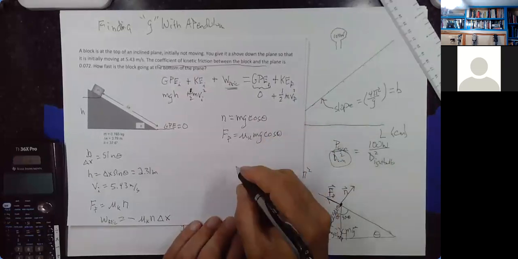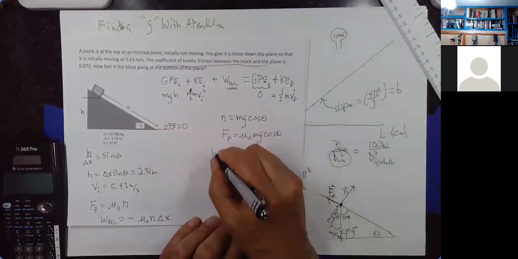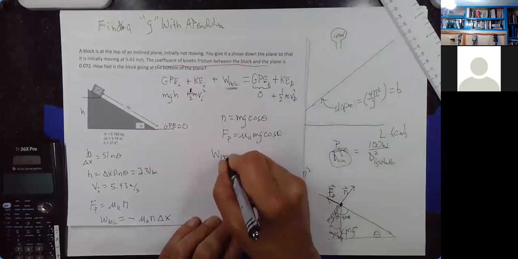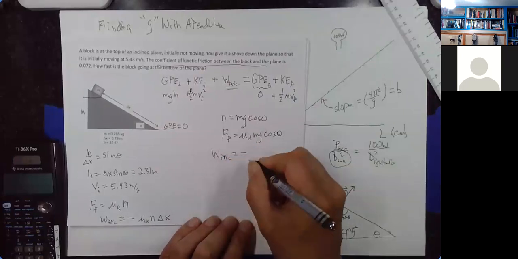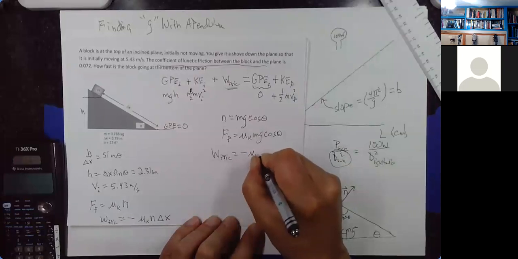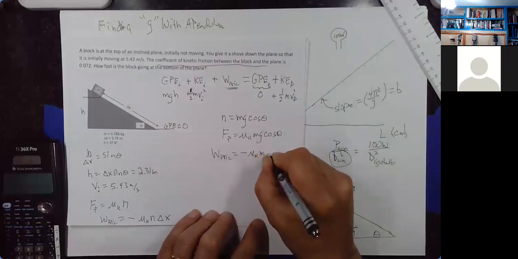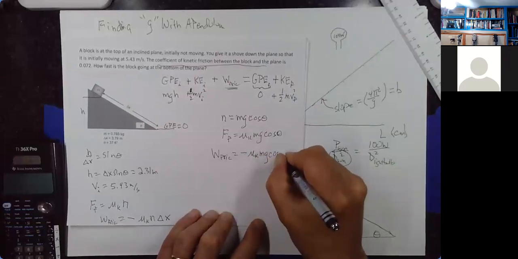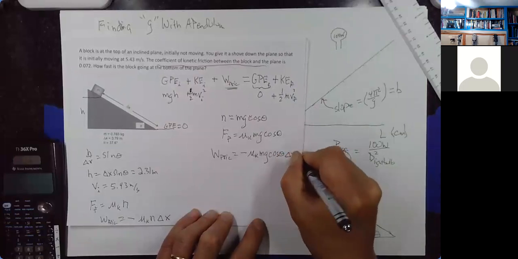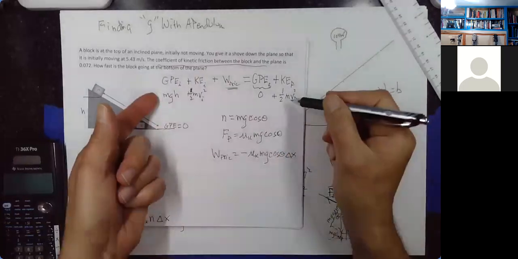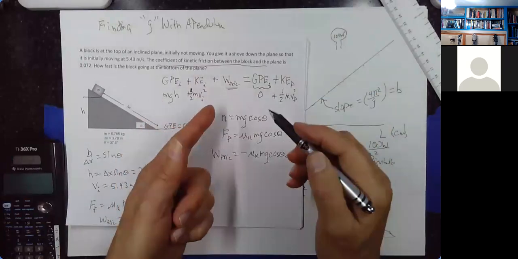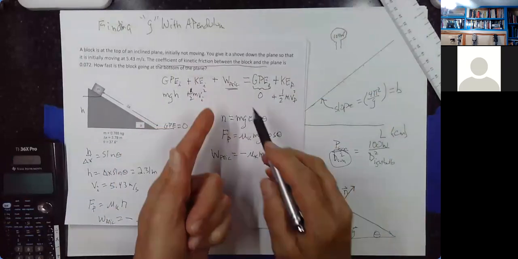And the work done by friction is going to equal minus mu sub k mg cosine theta times delta x. So my expression up here, the only thing that was missing was this part.